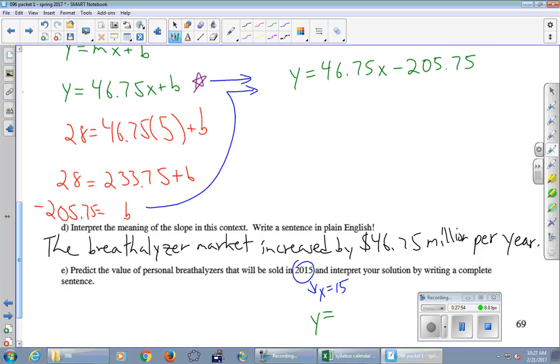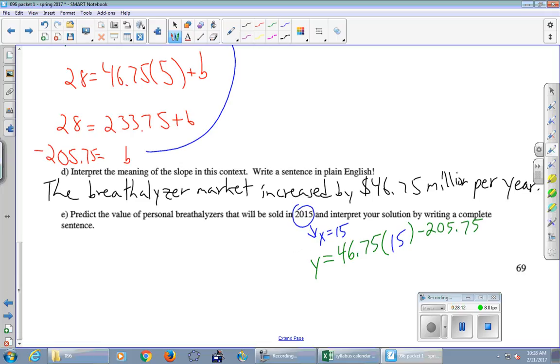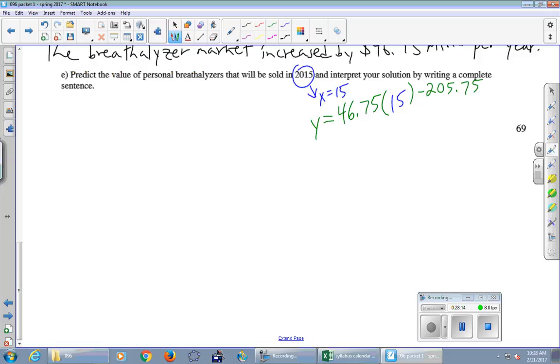So 46.75 times, instead of X, what are we putting? 15, and then minus the 205.75. So just copy that equation, change X to 15. And somebody with a calculator help us out here.